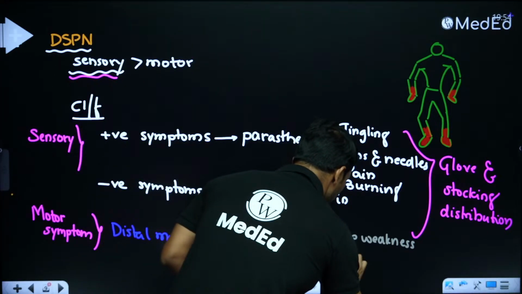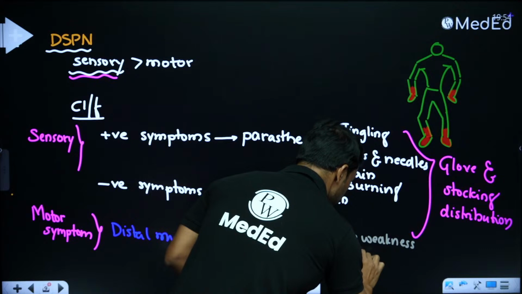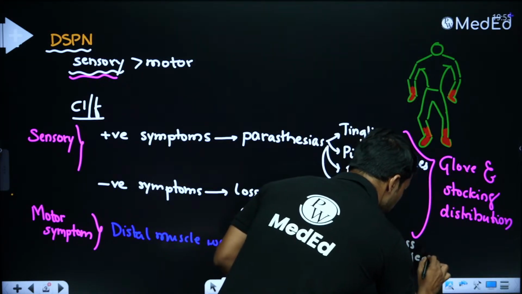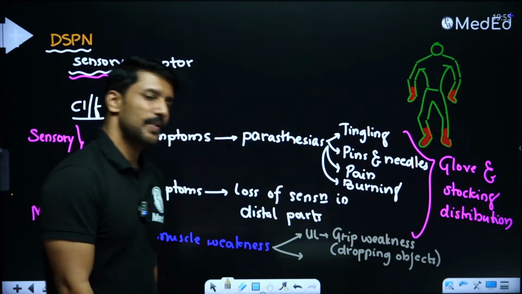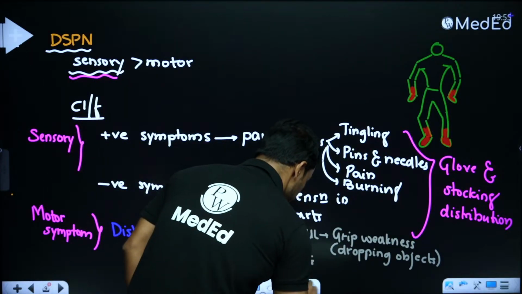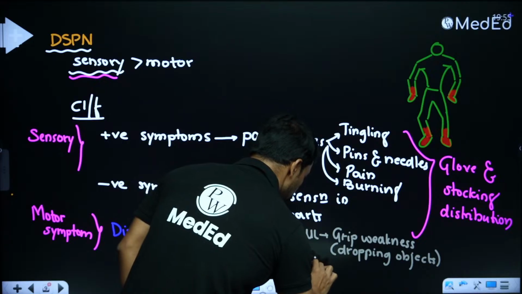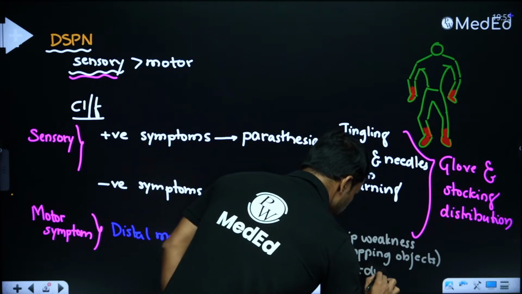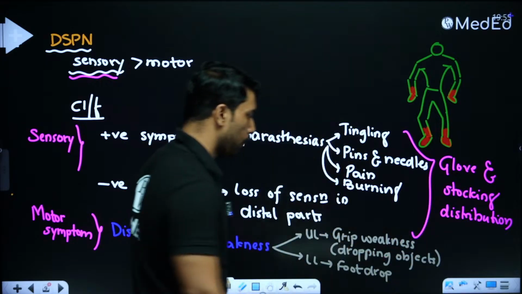Patients often complain of dropping objects when they have grip weakness. वो क्या complain करेंगे? They are dropping objects. Their complaint is dropping of the objects because they are not able to hold. In the lower limb, very often they develop foot drop. Not just the foot drop.